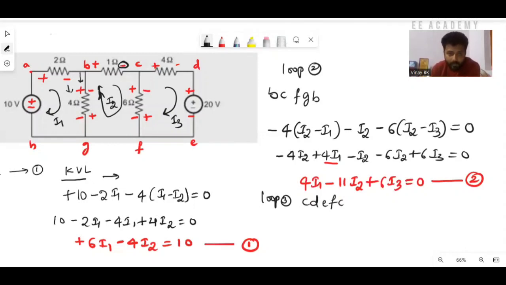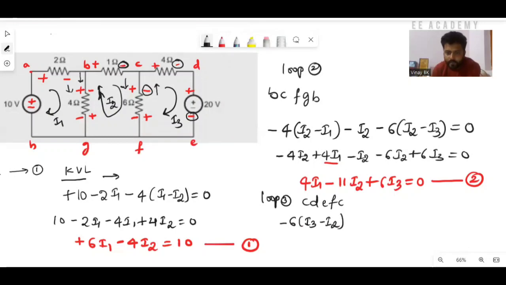Now I will mark the polarity here: minus, minus, minus. At the 6 ohm resistor, I3 is flowing upward but I2 is flowing downward, and my reference is loop 3, so the polarity is minus and I'll write minus 6 into I3 minus I2.